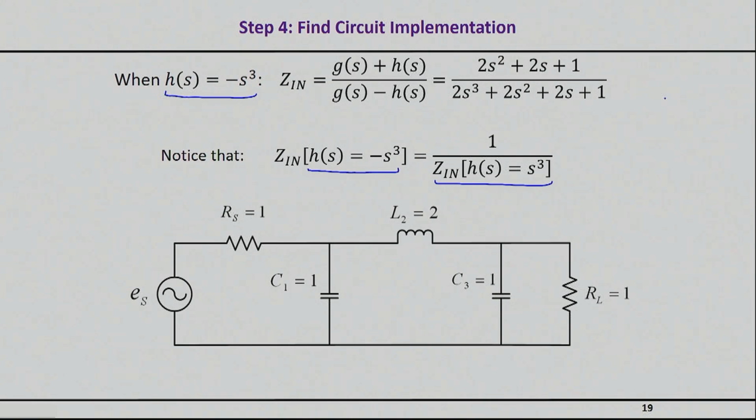So either you go through the same synthesis process or you just make this observation, and you end up with exactly the same elements, except now the first inductance is not a series inductance. It has become a shunt capacitor. The second element, which was a shunt capacitor, has now become a series inductance, and so on. But the values are identical.